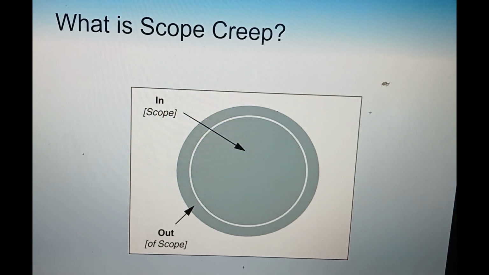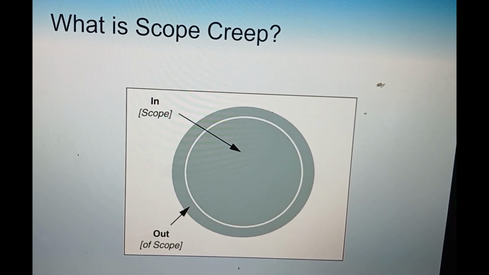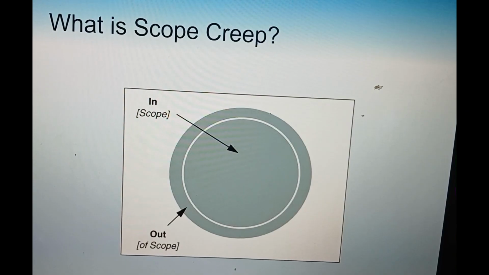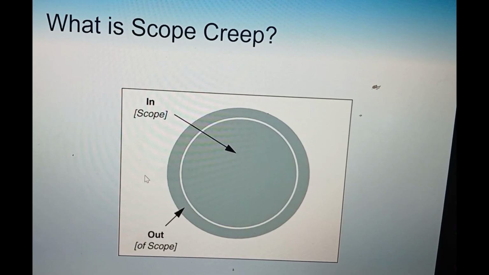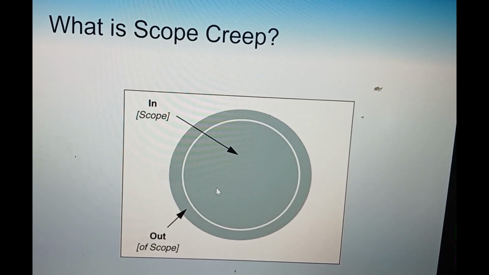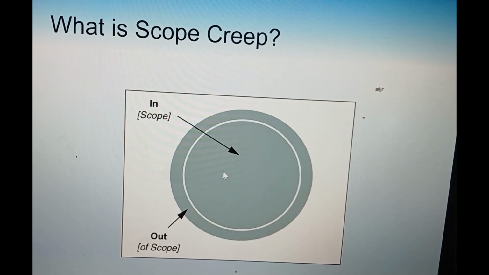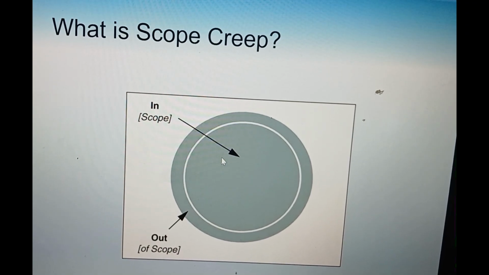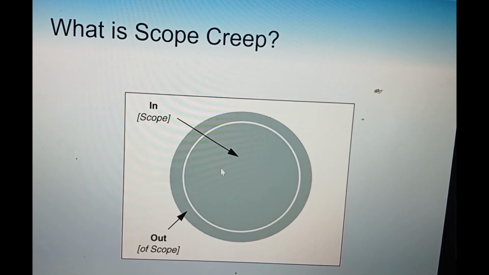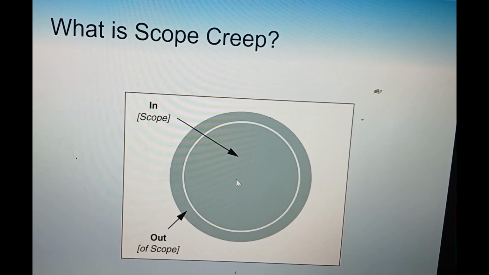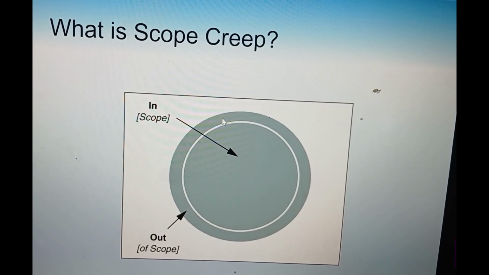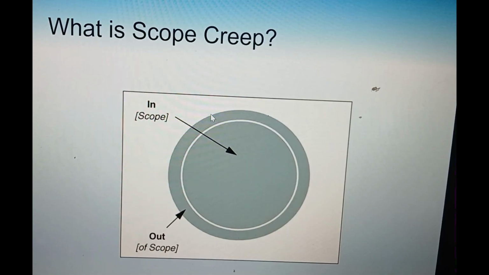So what do we understand by the term scope creep? If you look at this diagram, the circle, we have two parts. We have the inner or the core, and then we have the outer part.